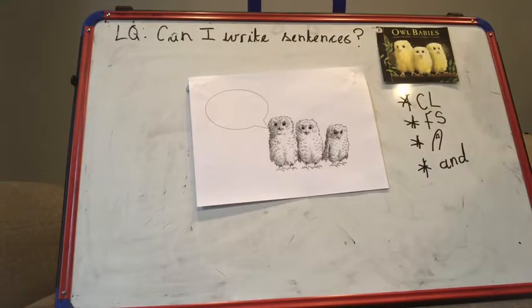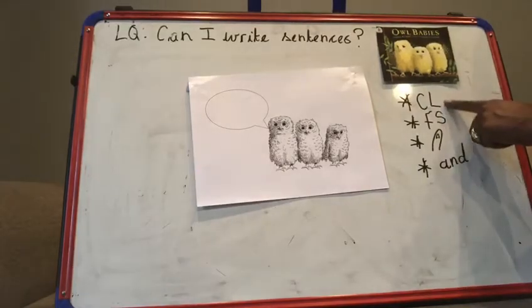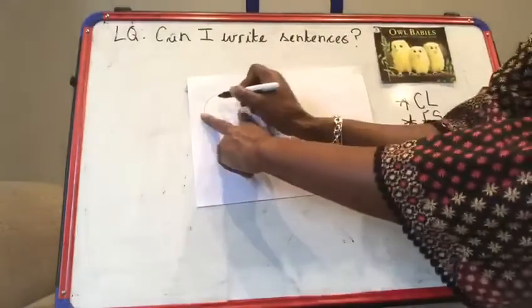What would you say as an older brother or sister? She might reassure them, absolutely. She might say something along the lines of, don't worry, Mummy will be back soon and she'll bring us a treat. So she's trying to reassure them by saying that she'll be back soon and that maybe she's got something lovely for them. So I'm going to start my sentence with a capital letter.